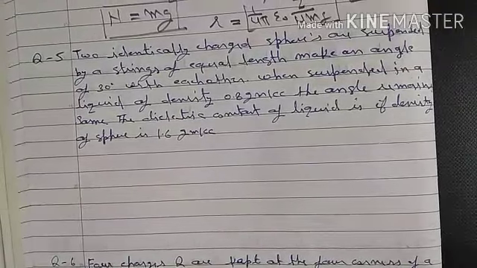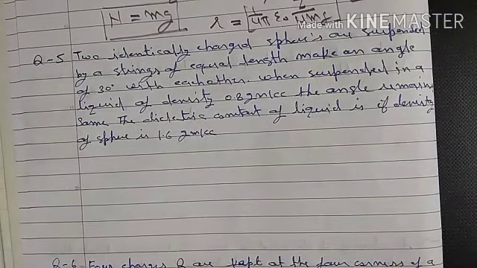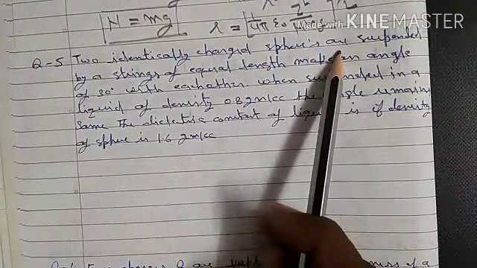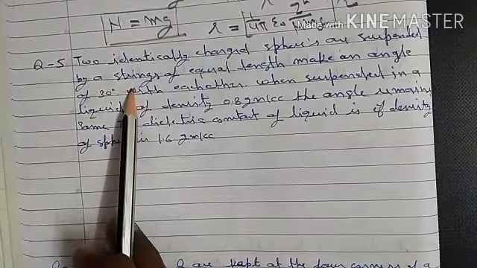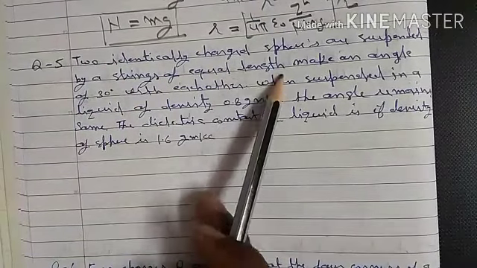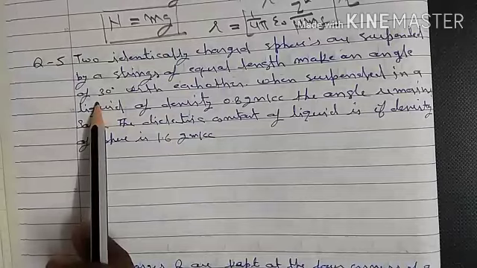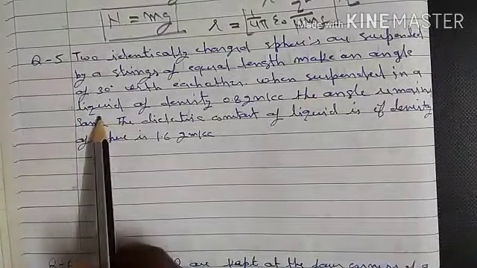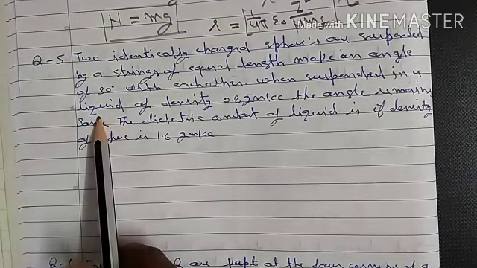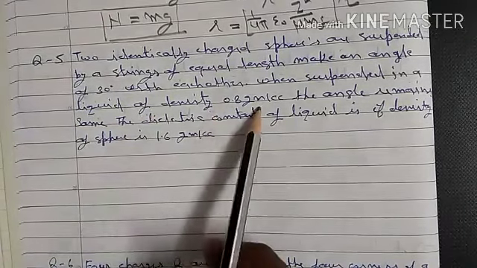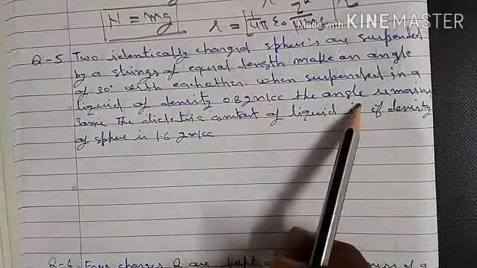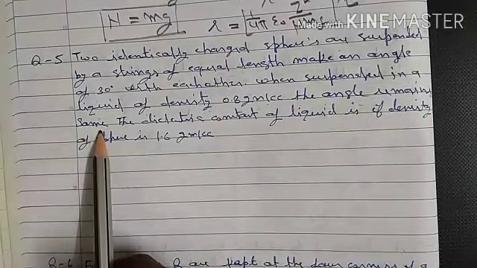Now next question. Two identically charged spheres suspended by strings of equal length make an angle of 30 degrees with each other. When suspended in a liquid of density 0.8 gram per centimeter cube, the angle remains the same.